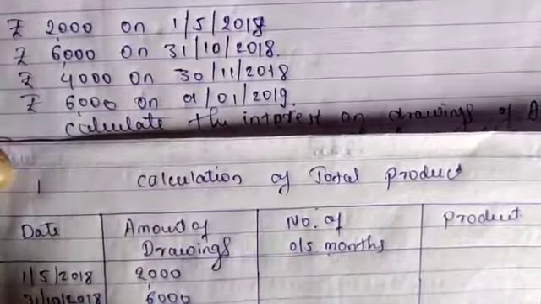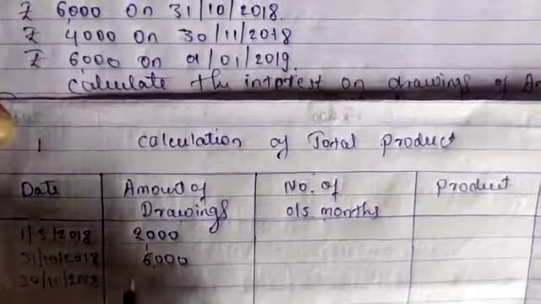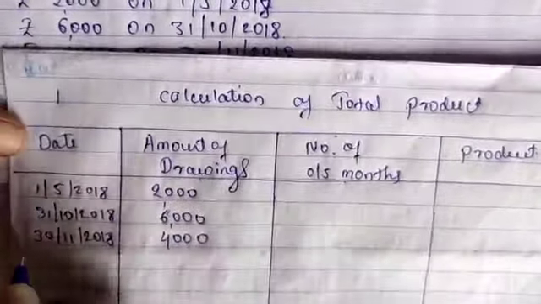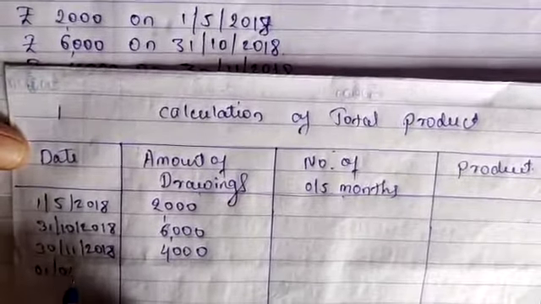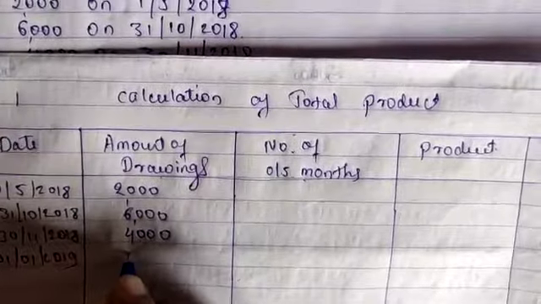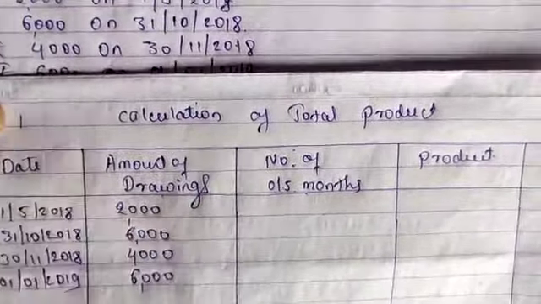And third withdrawal is on 30/11/2018, rupees 4000. And last on 1/1/2019, withdraw rupees 6000.